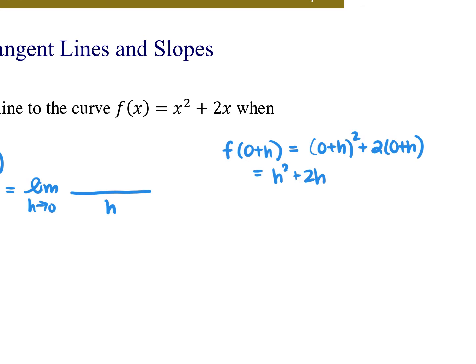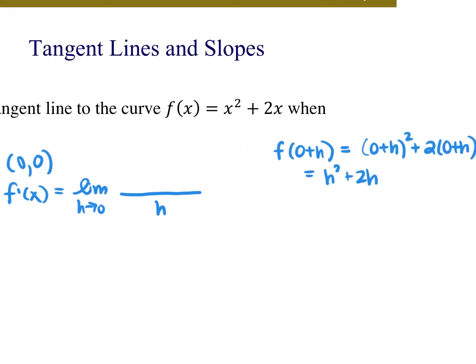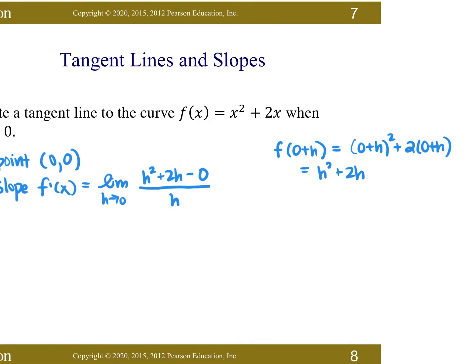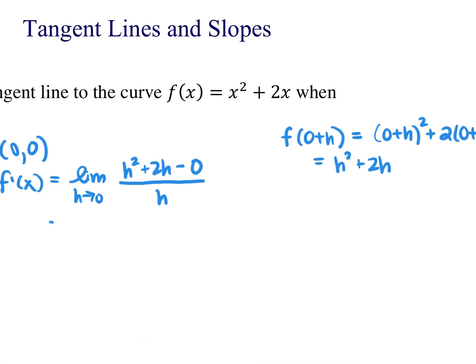Then I can go back to my Newton's formula, and take this h squared plus 2h and then subtract the y value of 0, which was the original point value. And I can reduce that by factoring. So h factors out, multiplied by h plus 2. Reduce, plug in 0, I get 2 from my slope. So my slope is now positive 2.